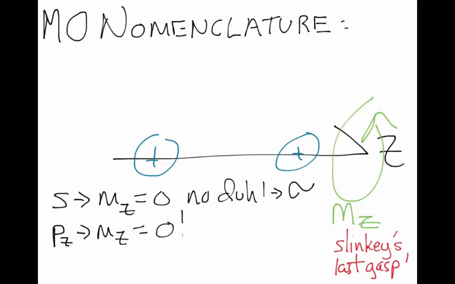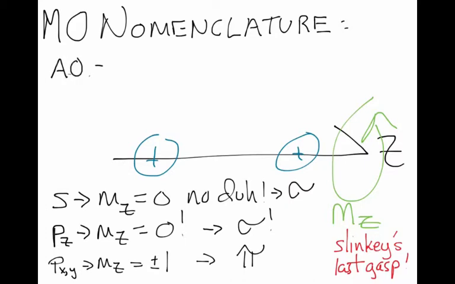So the p_z orbital has no z angular momentum. That's what we learned in Unit 3. And so interactions of p_z orbitals also are of sigma character, because sigma designates the orbital angular momentum about the z-axis. And it's the p_x and p_y, or the p plus and minus, that have the m sub z of plus or minus 1, and those we designate as pi, because that's the deal.